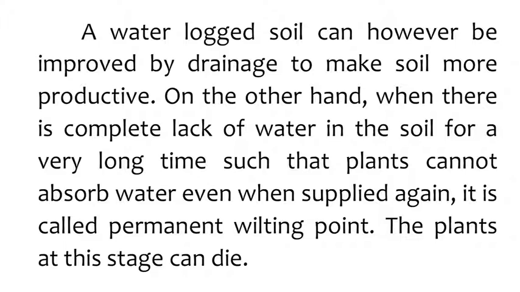On the other hand, when there is complete lack of water in the soil for a very long time, such that plants cannot absorb water even when supplied again, it is called permanent wilting point. So the plants at this stage can die.